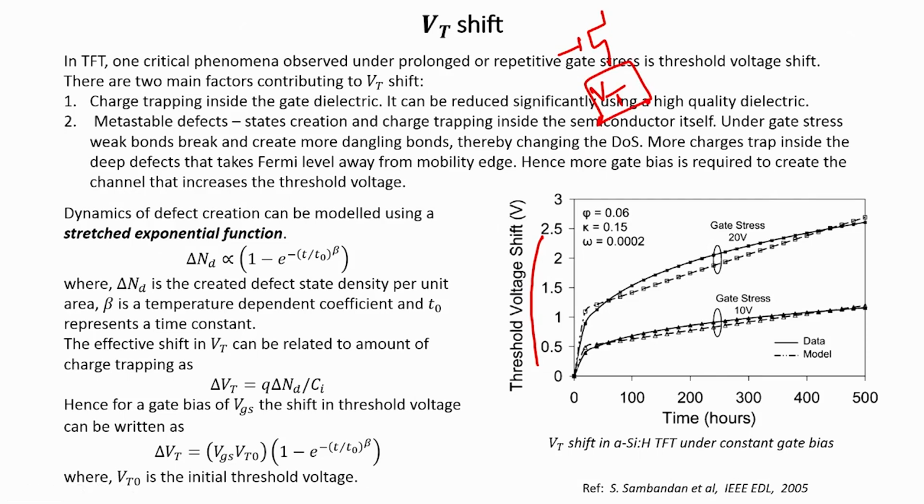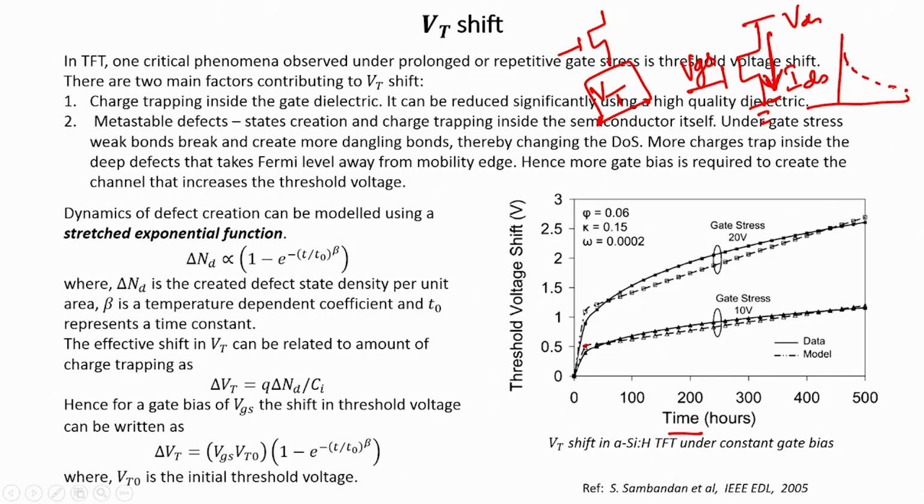But in the case of disordered semiconductors, when the thin film transistor is in operation, so let us say you apply a certain gate to source voltage and a certain drain to source voltage, you find that the threshold voltage in a thin film transistor becomes a function of time. In other words, as the MOSFET is driving current, the current in the MOSFET begins to decrease in time. Okay. Why does this happen?